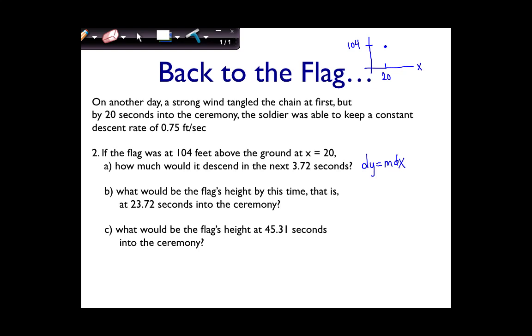We're looking for the next 3.72 seconds instead of, in the previous question, the first 3.72 seconds. But during any 3.72 seconds of constant rate of descent, we just do negative 0.75 times the elapsed time, 3.72, which is 2.79 feet that it descends.